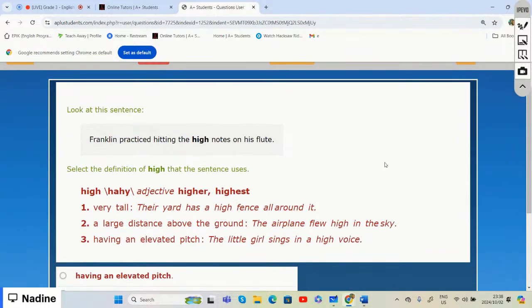All right, we need to look at the definition that is given. It says Franklin practiced hitting the high notes on his flute. Is that option one, very tall? Option two, a large distance above the ground? Or option three, having an elevated pitch? Which one is correct, where we are hitting the high notes?